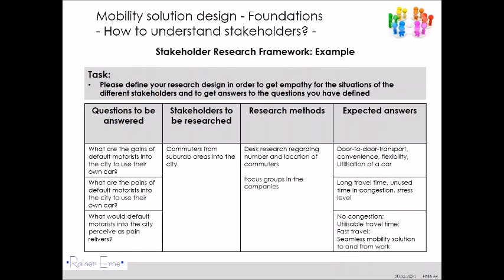And expected answers could be, so the gains of using their own motorized vehicles is the door-to-door transport, it's the convenience. So individual cars are much more convenient than public transport or other means of transport. The flexibility they have, so they don't have to follow a predefined schedule.